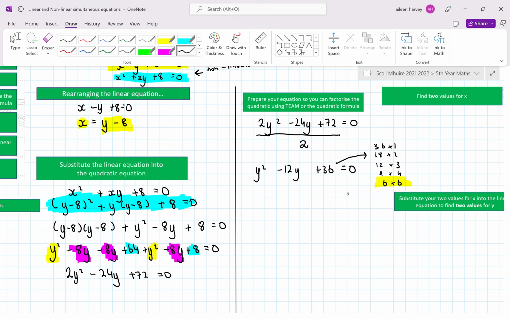So that's minus 6 times minus 6 gives me 36, and minus 6 plus minus 6 gives me minus 12. We draw out our two brackets, which leaves me with a y in both brackets and the factors of 36 in both brackets as well. This leaves me with y minus 6 times y minus 6 is equal to 0.